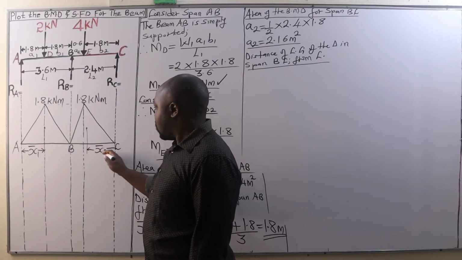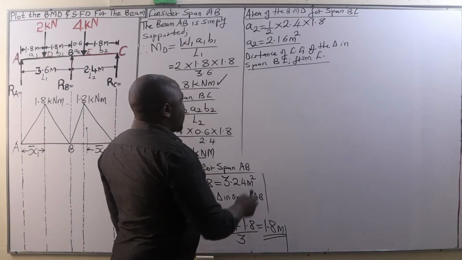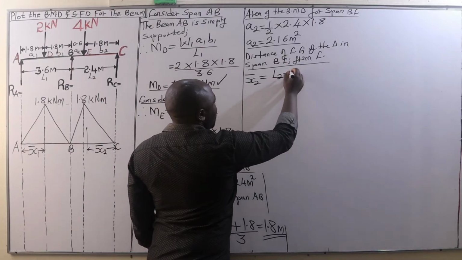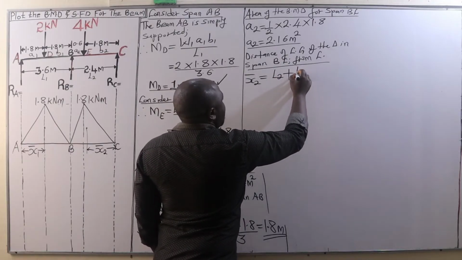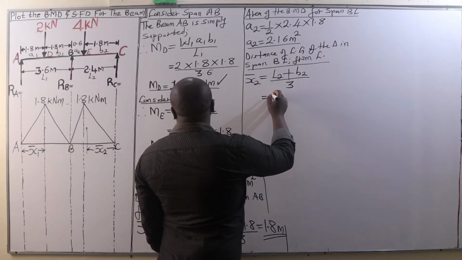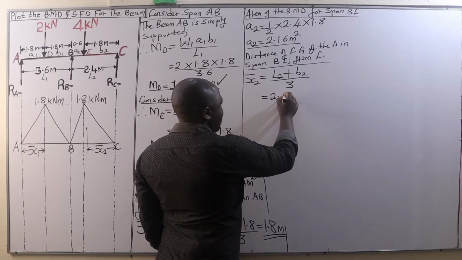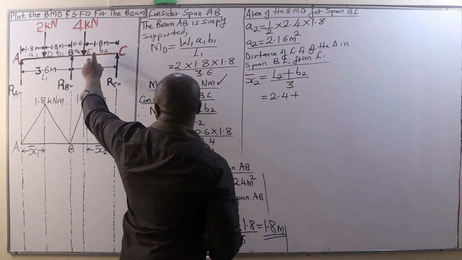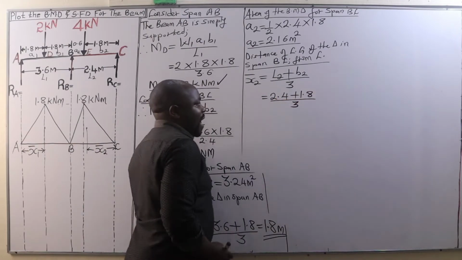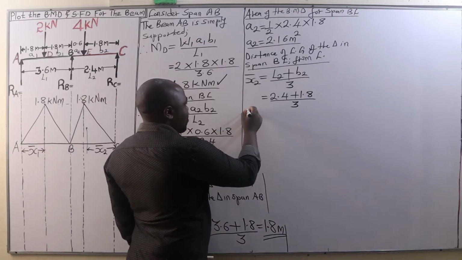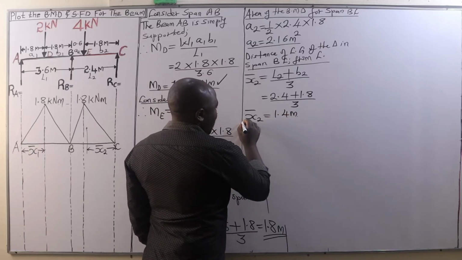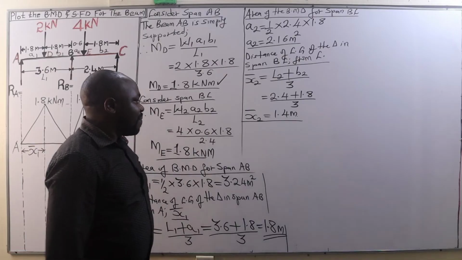To get bar x2, we use this formula, L2 plus B2 all over 3. This is equal to L2, 2.4 meters, plus B2, 1.8 meters. Then we divide this by 3, and that gives us 1.4 meters. So that is the value of bar x2.